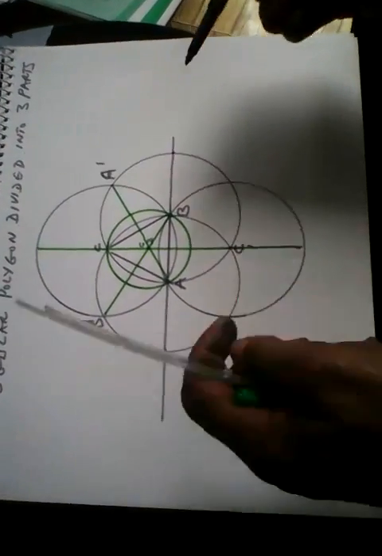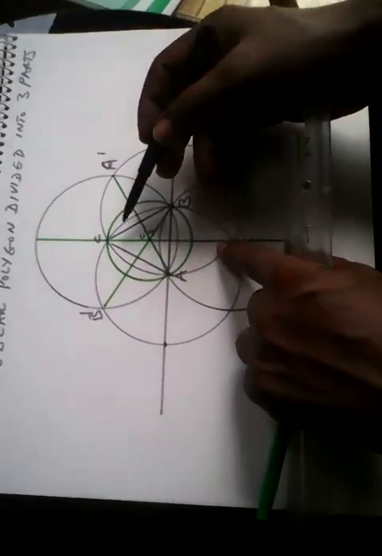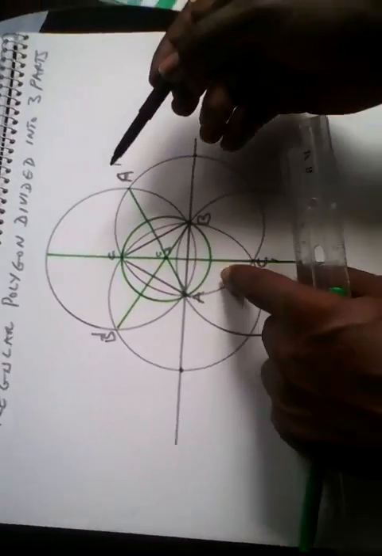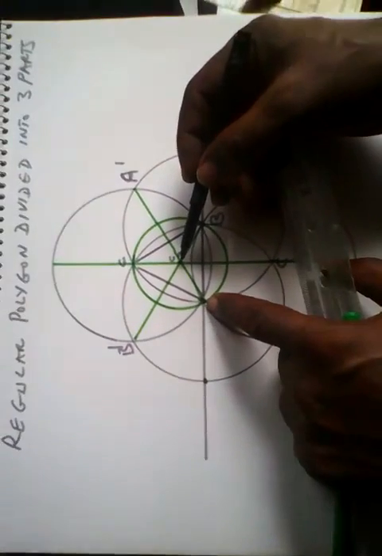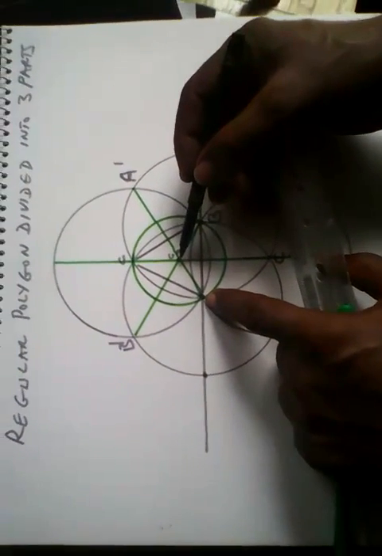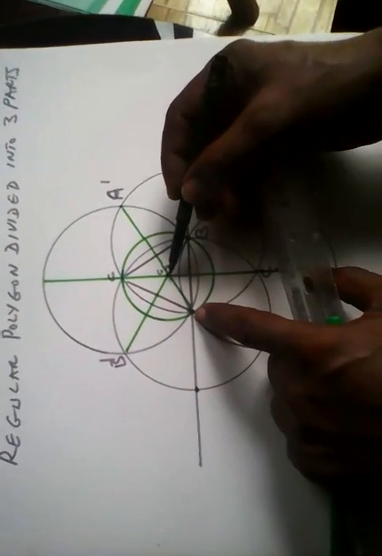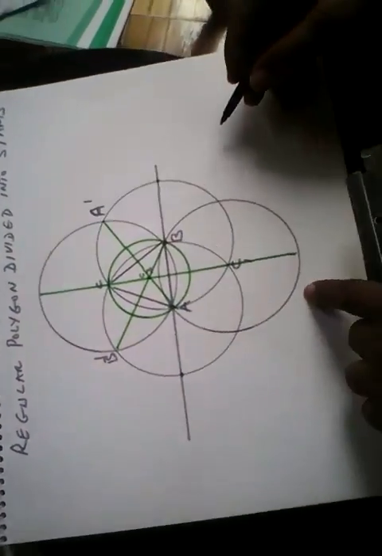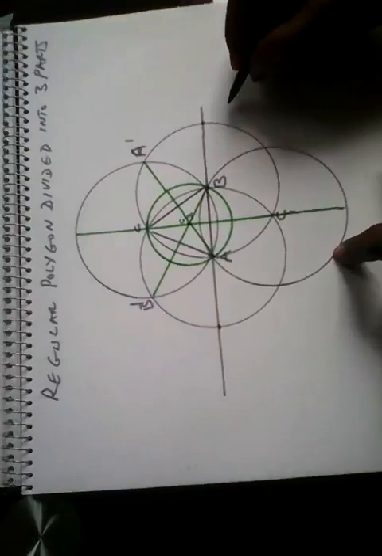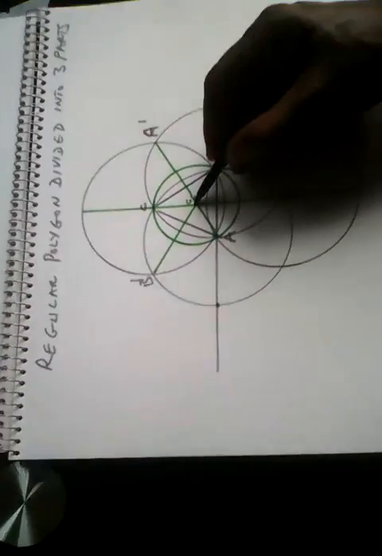So, if we want to know the radius, what is the radius of this circle?